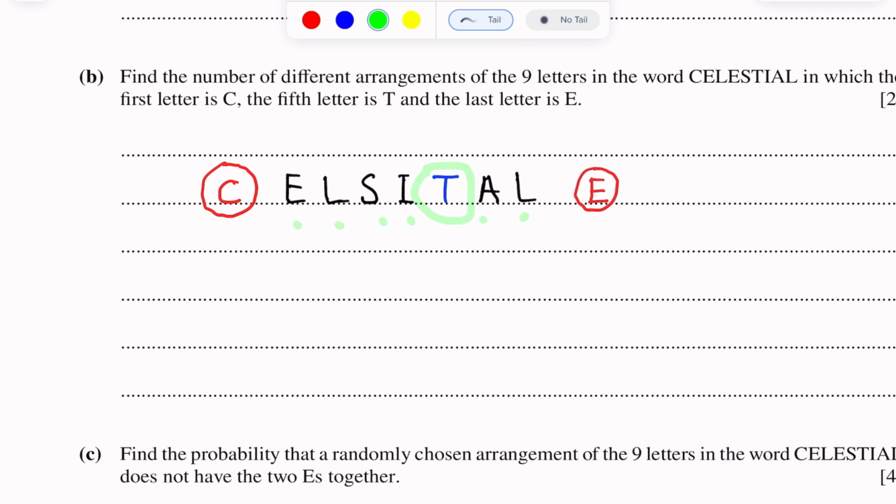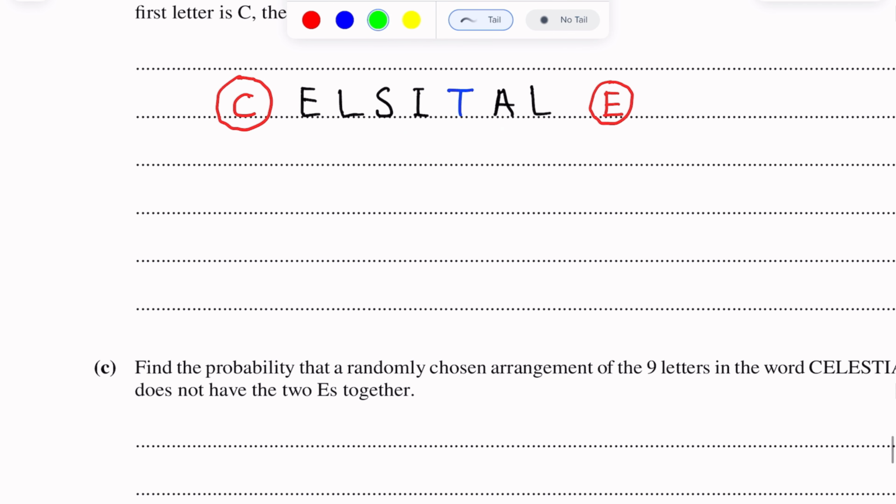We are not counting T because this is fixed. T is at fifth place, C is at first, and E is at last. We count the remaining letters: 1, 2, 3, 4, 5, 6. Two L's are repeated.